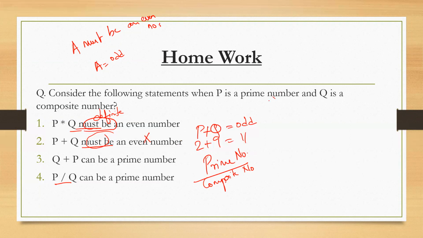What about if it is Q by P? If it is given Q by P can be a prime number, then it is possible. Okay, simply, yeah, it is possible. Okay, so here you have what? Q is 6 and here you have prime number 3. Okay, so yes, 2 is a prime number.